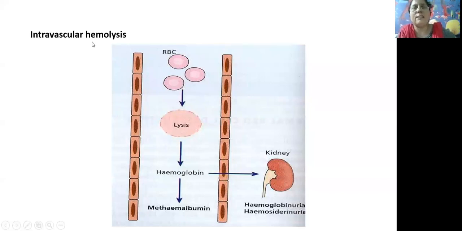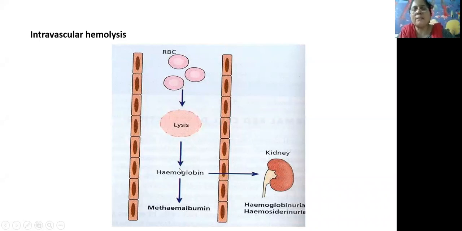What is intravascular hemolysis? The RBC dies within the blood vessel. So when the RBC dies within the blood vessel, what happens? What is present in the RBC? One of you can tell me the major component of RBC. Hemoglobin. So the hemoglobin is released into the blood, circulating along with plasma.